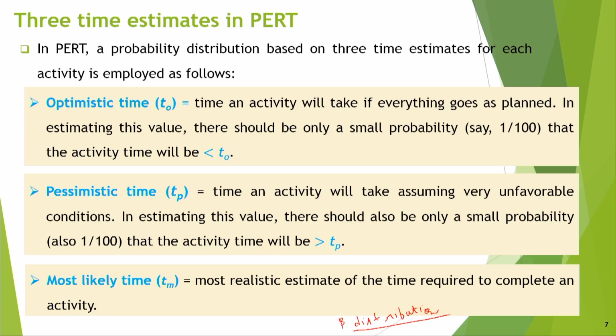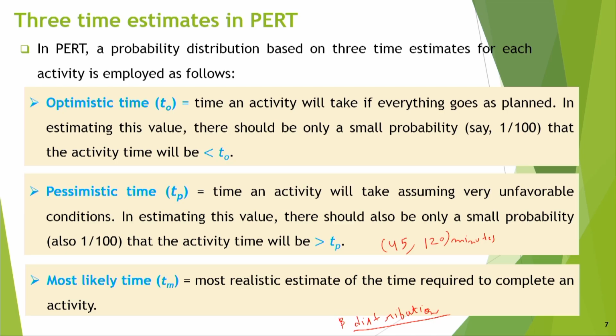Say for example, I am going from Kanpur to Lucknow, then I can say that between 45 minutes and 2 hours, that means 120 minutes, I must reach. So, that means only 1% chance should be there that it takes 121 minutes, and only 1% chance should be there that you could reach in 44 minutes also. That means if you go 100 times, only one time maybe you could reach in 44 minutes, but otherwise roughly it should be like that.